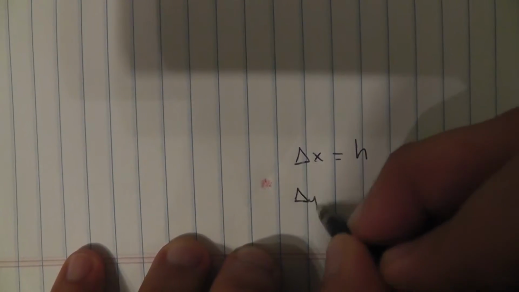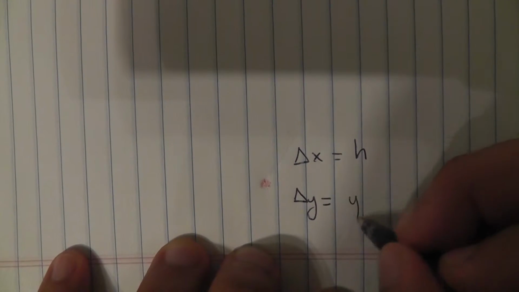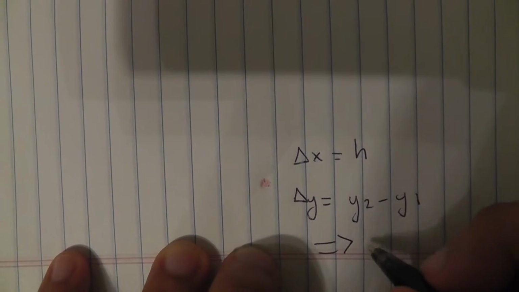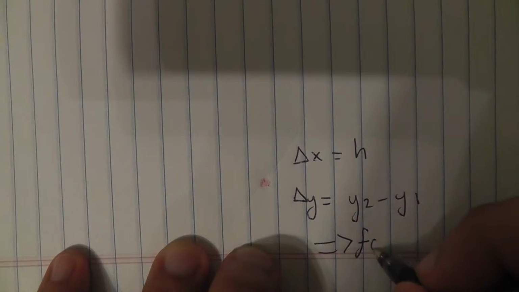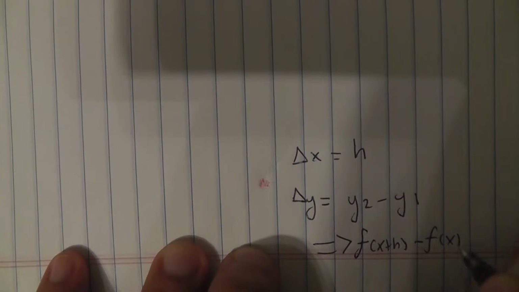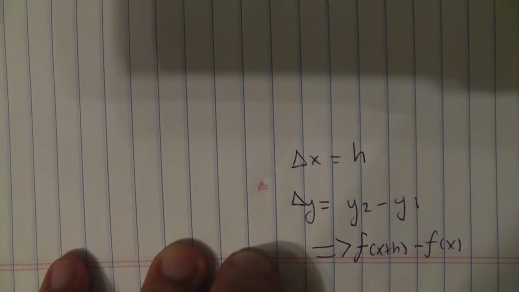And delta y is going to be equal to y2 minus y1, which is appropriately f of x plus h minus f of x. And we know that for the slope of the tangent line, h is going to tend to 0. In this case, we say the limit as h approaches 0. Because eventually, h tending to 0 will approach a limit.